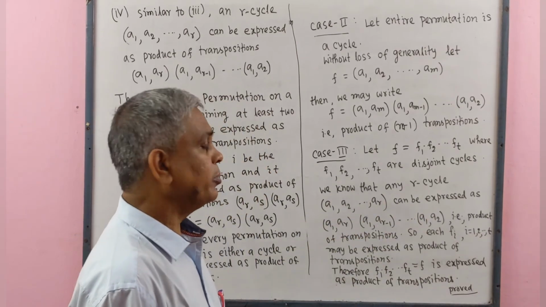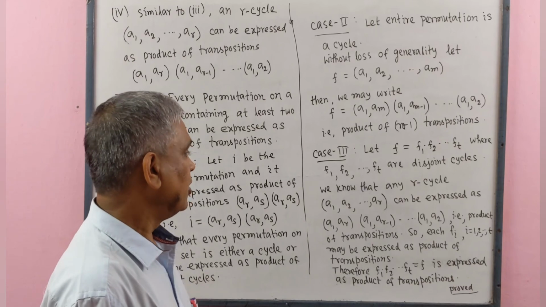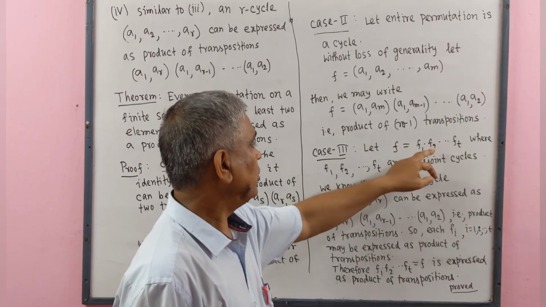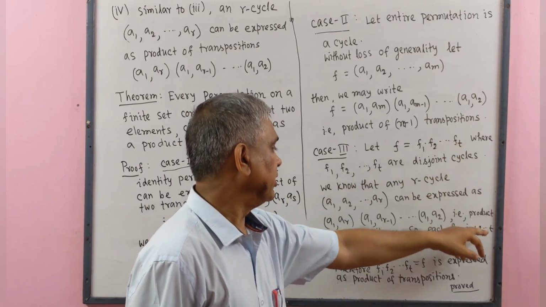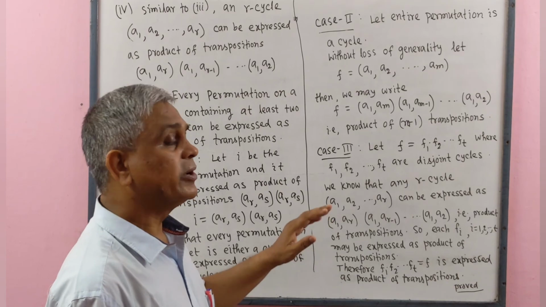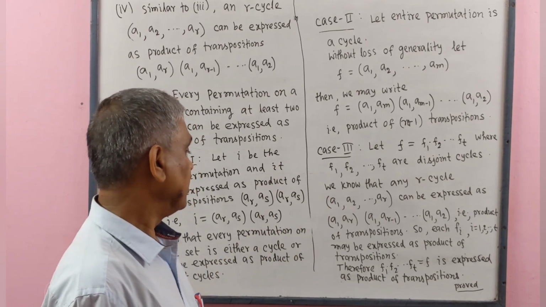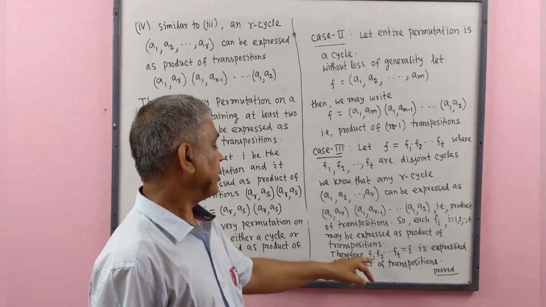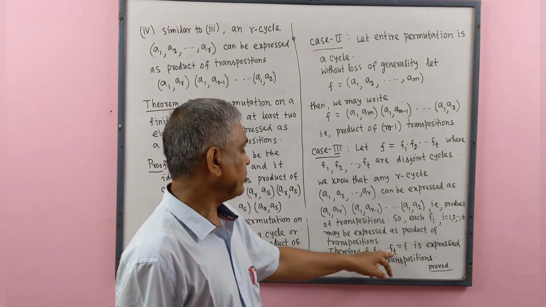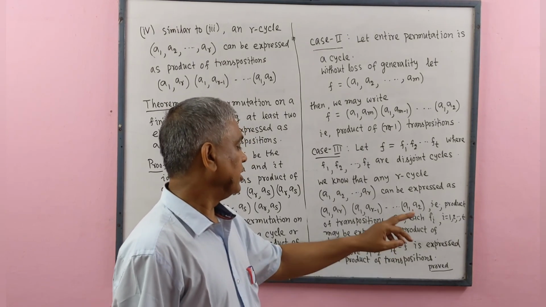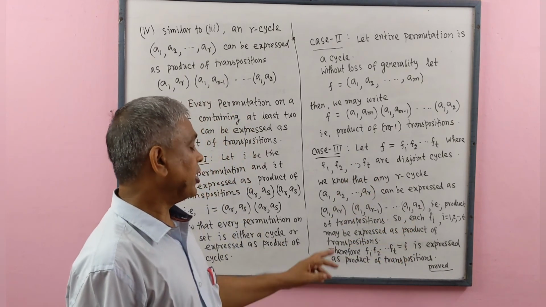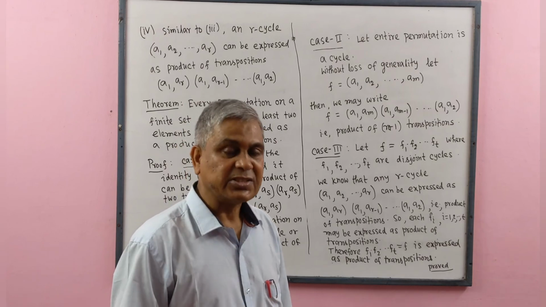That is product of transpositions. So each Fi, i equal to 1, 2, ..., t may be expressed as product of transpositions. Therefore, their multiplication F1 multiply F2 multiply ... Ft equal to F is expressed as product of transpositions.